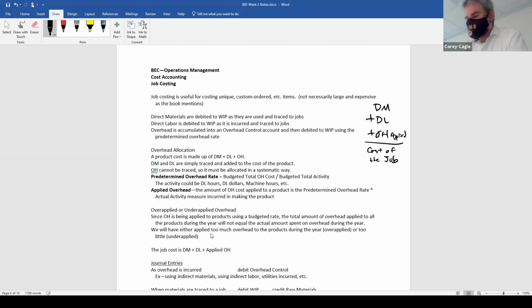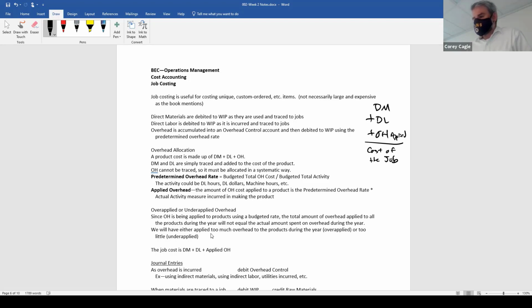You will develop what's called a predetermined overhead rate. And that is simply taking, here's the total amount of overhead cost I expect to incur for the whole year. It's good to get a whole year's number because overhead, it cycles, right? Utilities are more expensive in the heat of the summer and that kind of thing.